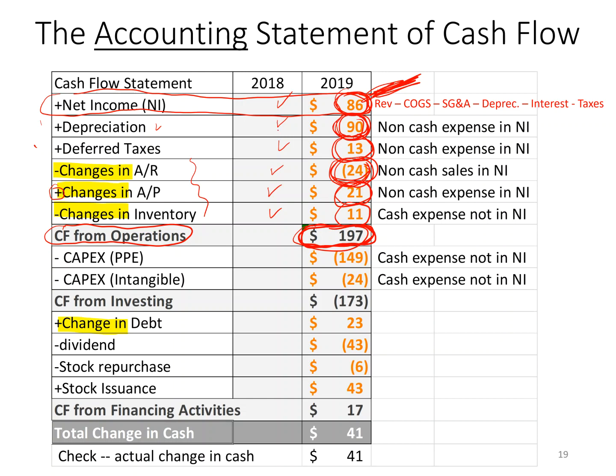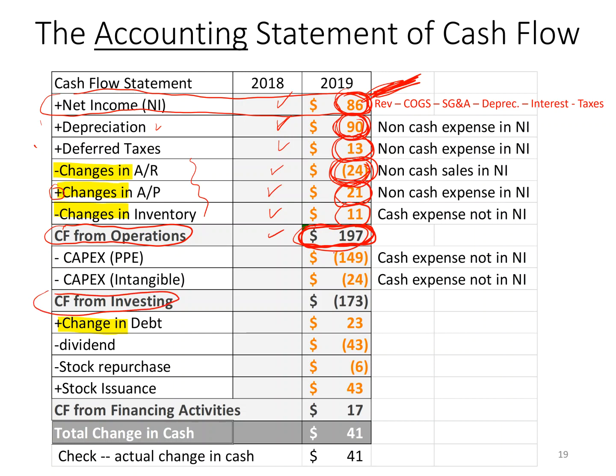Primarily, the big driver is there's a bunch of non-cash expenses like depreciation. So cash flows from operations is the first category of cash, starting with net income and making an adjustment for non-cash expenses and revenues.